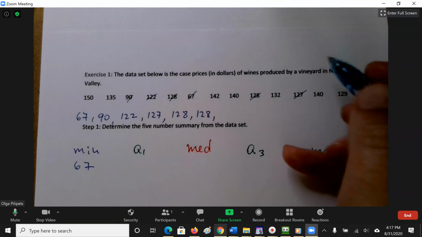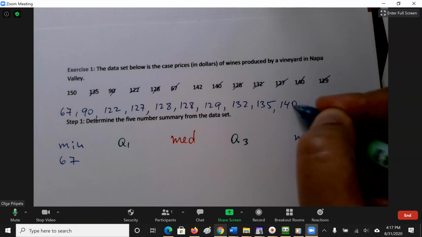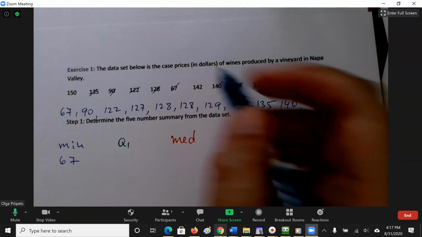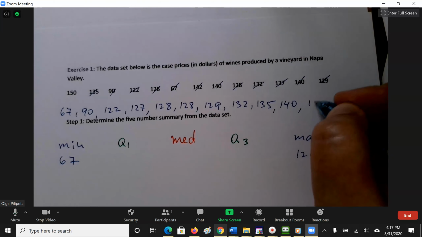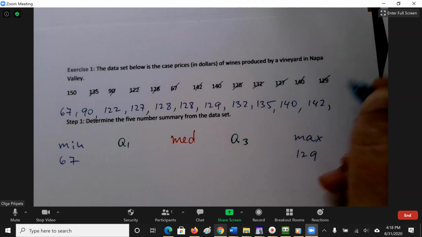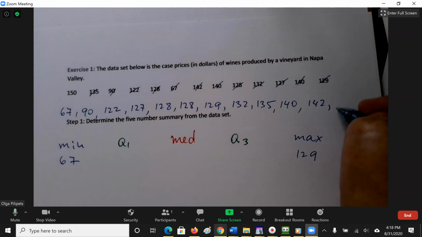What about 130s? I have 132 and 135. So 132, 135, and then in 140s, I have 2 values of 140, and then I have 142. That's it for 140s, and 1 value of 150 in 150s. Okay, so now my data is arranged.